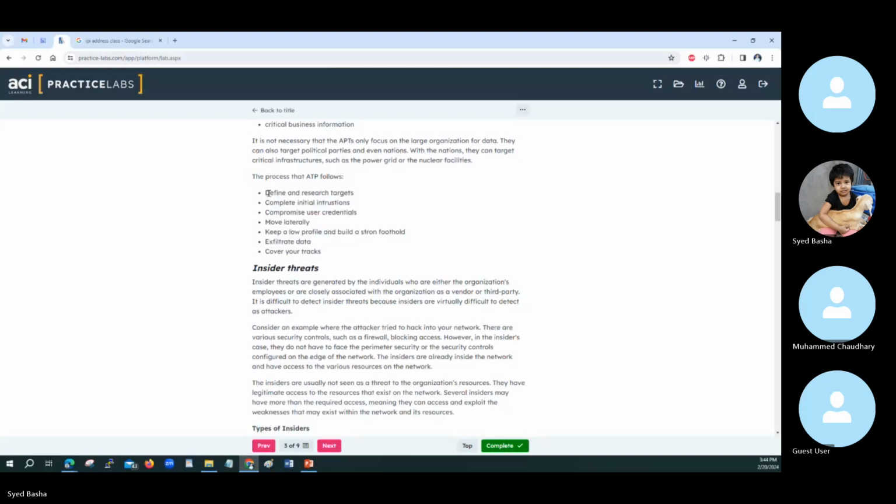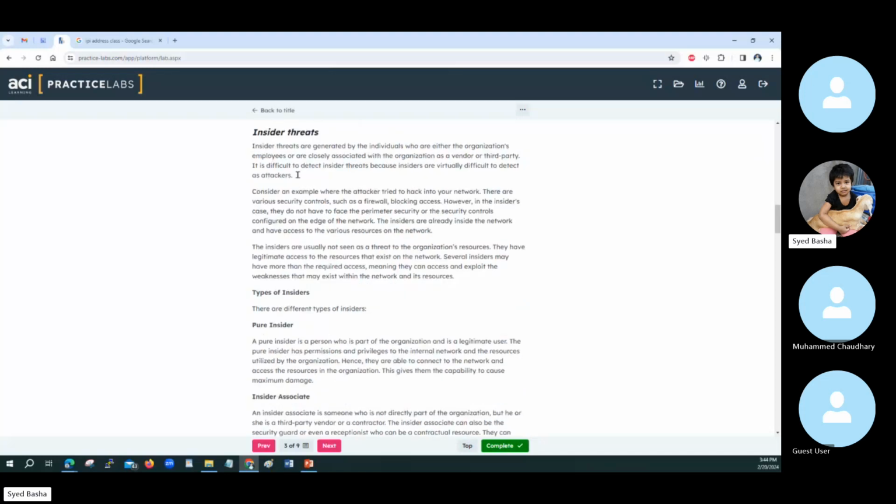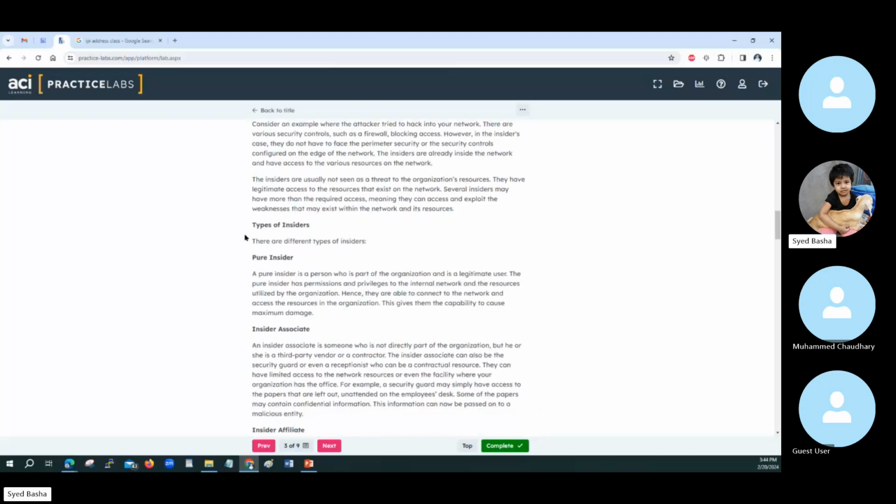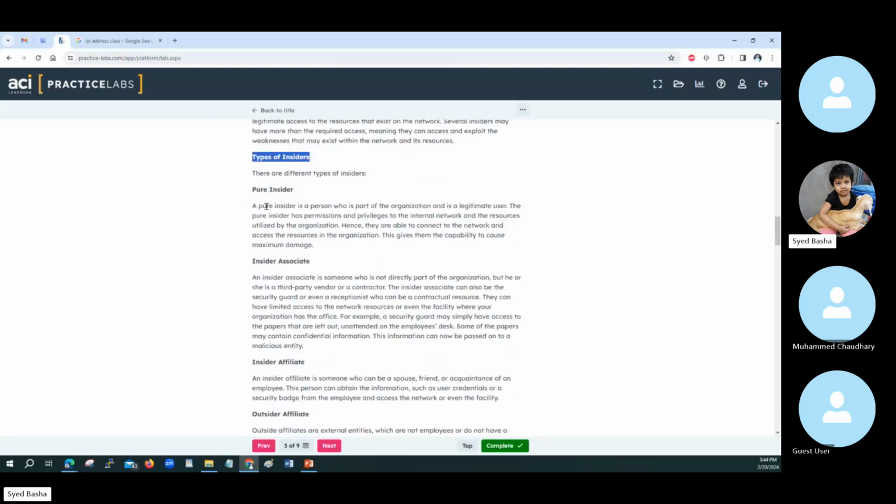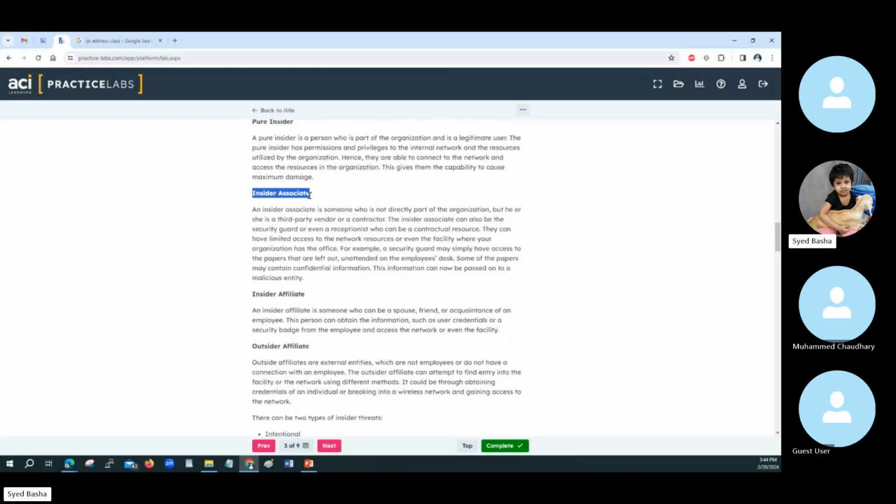Okay, you got it. This is the insider threat. We know the insider threats and types of insider. We know the pure insider, the working insider. The insider associate is someone who is not directly part of the organization, but is a third party vendor, which we have discussed. That is nothing but an insider associate, or we can also call it third party, or supply chain.